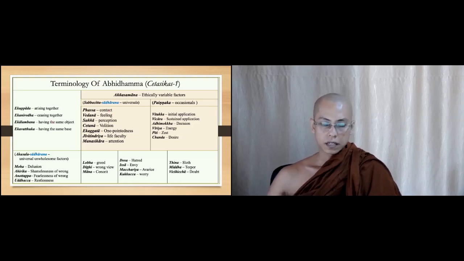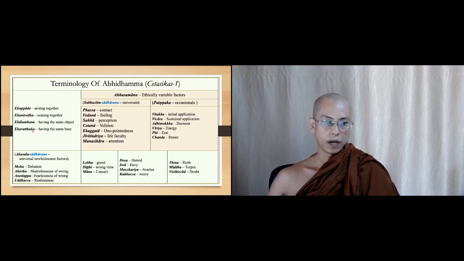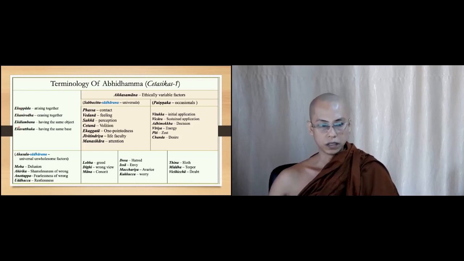In the Cetasika chapter, when Bhikkhu Bodhi and Anuruddha explain what the Cetasika is, in order to identify the characteristic of Cetasika, he used 4 words: ekuppada, arising together with consciousness. Ekanirodha, ceasing together.